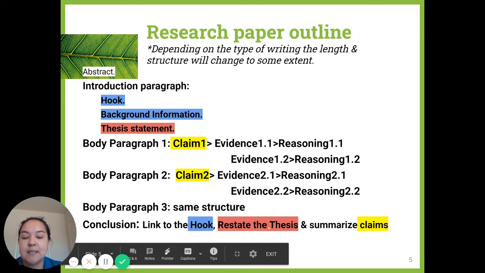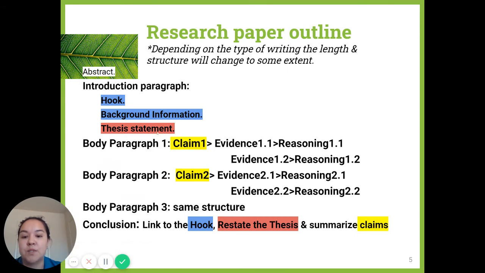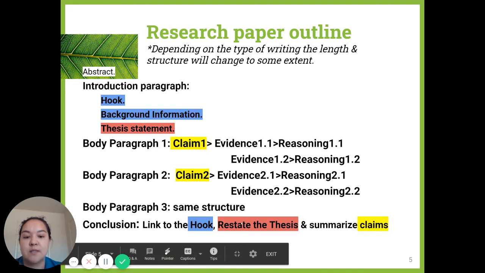The red highlighted sentence would include restating the thesis. So it is very important that you mention again the main points of your thesis statement. You paraphrase them in different words. And you may also summarize shortly some of your claims that you have mentioned in the body paragraph.